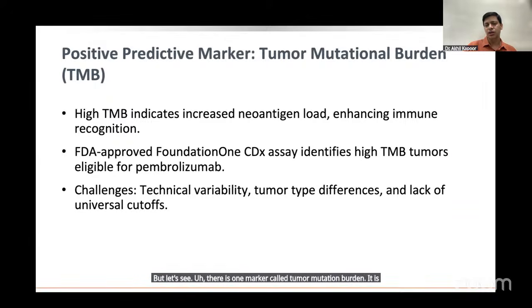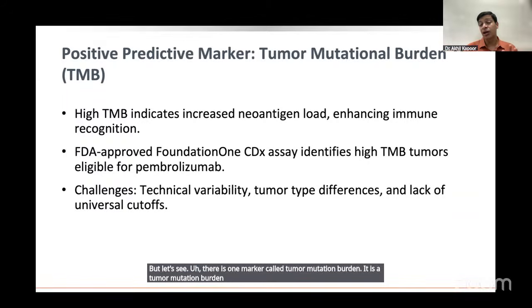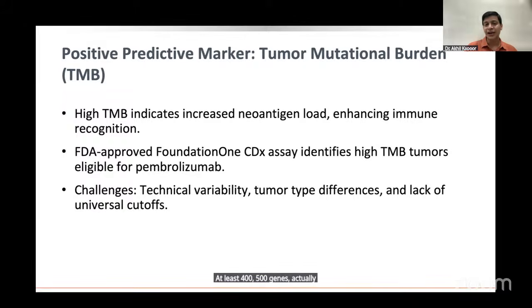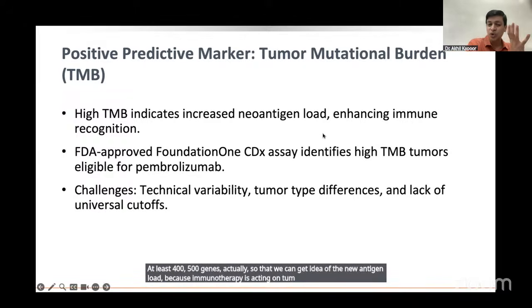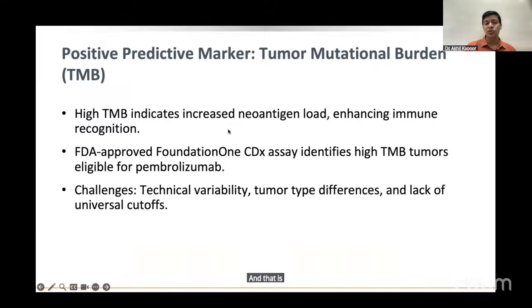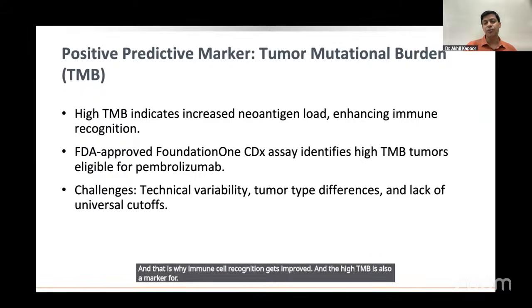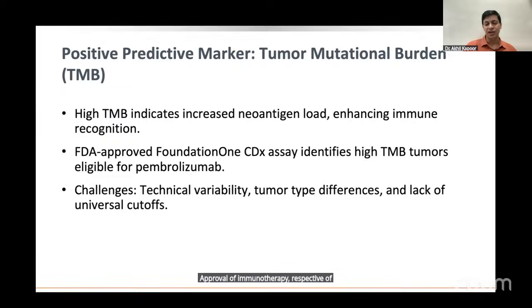Tumor mutation burden needs to be done on a larger panel, at least 400, 500 genes, so that we can get an idea of the neoantigen load, because immunotherapy acts on tumor neoantigens, and that is why immune cell recognition gets improved. And high TMB is also a marker for approval of immunotherapy irrespective of the tumor type.